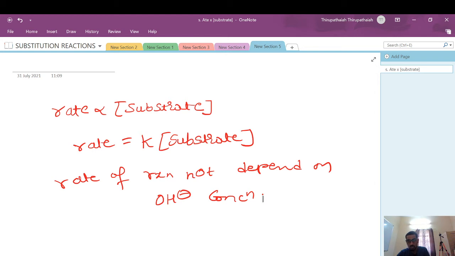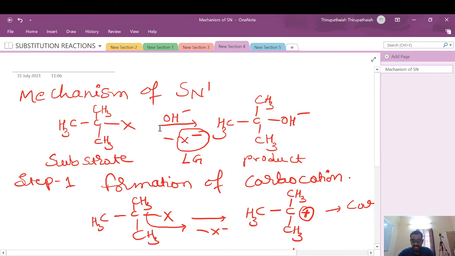It depends only upon the slow step, that is the rate determining step, and that is the formation of carbocation step.